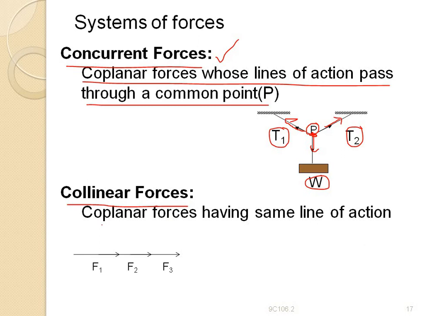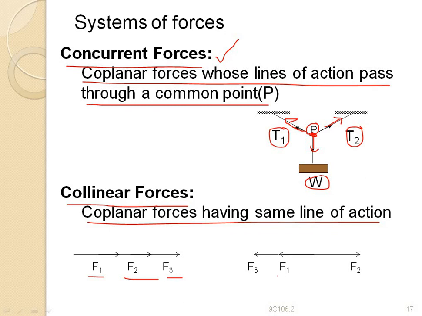And collinear forces are coplanar forces having the same line of action. Here we can see the forces F1, F2, F3 acting in one line, and here F3, F1, F2.